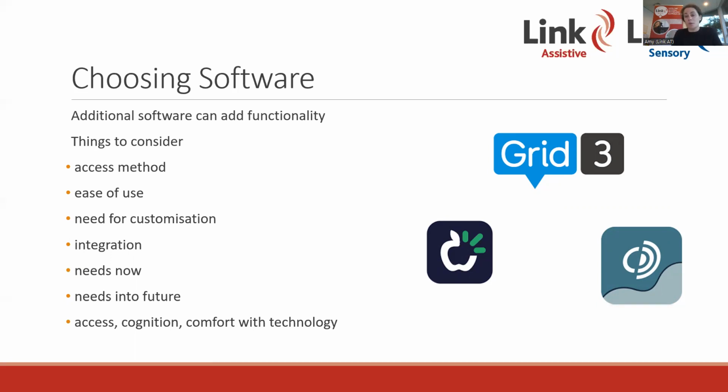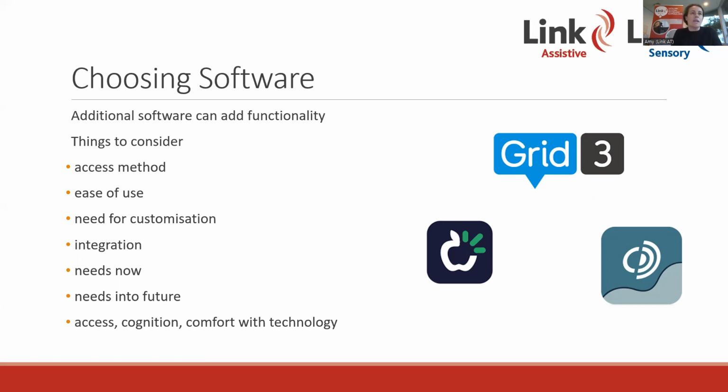So, for example, switch access. You can't use the computer control and things, so you may need to use that through an AAC piece of software. We might need to think about ease of use. For some people, operating Windows 10 with the computer control just might be too complex and we really want to simplify it.